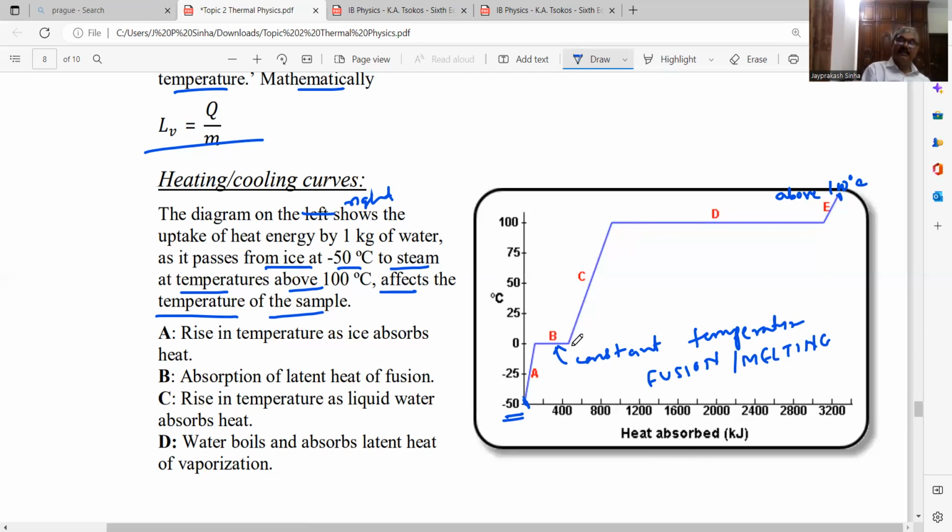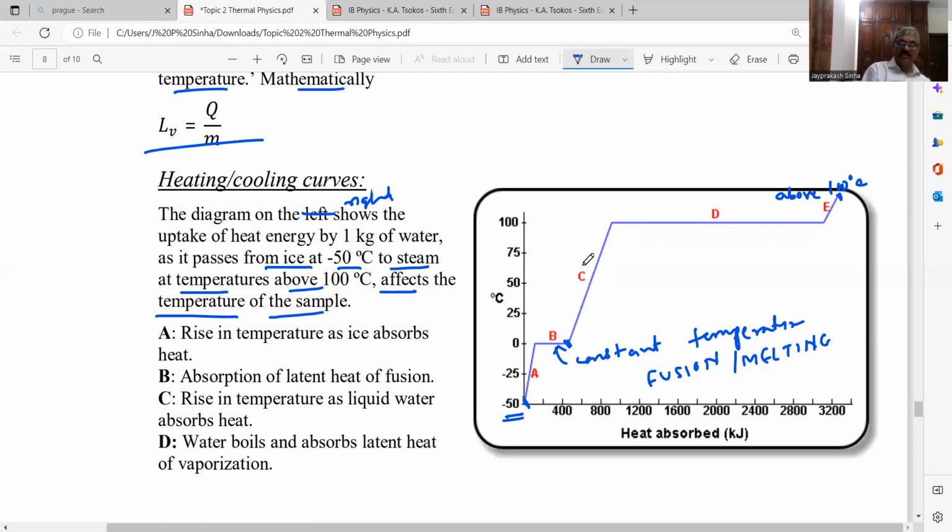When B ends, all the ice has melted and the water is in liquid form. Now all the heat you supply is utilized in raising the temperature of the water.